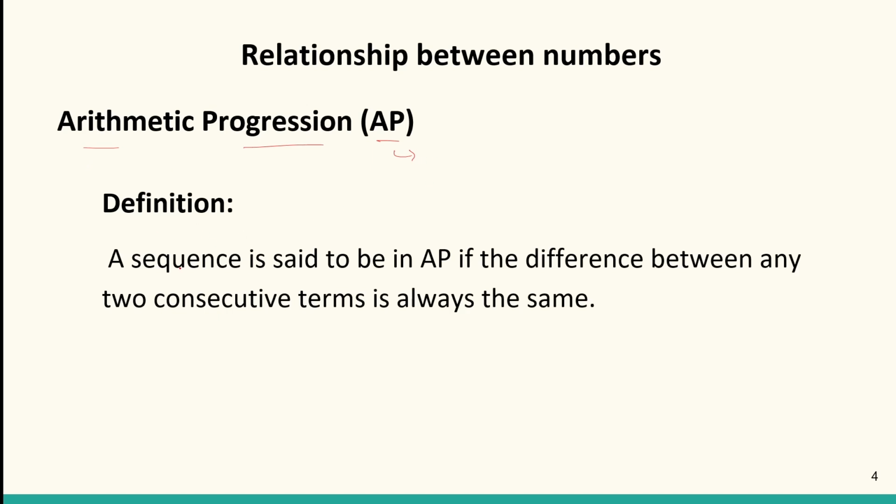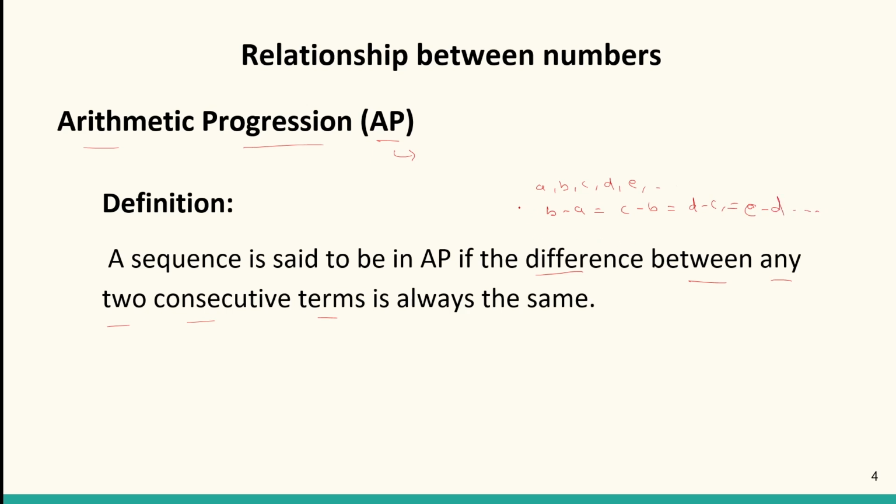The definition says that a sequence is said to be in AP if the difference between any two consecutive terms is always the same. So if the sequence has A, B, C, D, E and so on, then B minus A is always equal to C minus B, is always equal to D minus C, is always equal to E minus D, and so on.